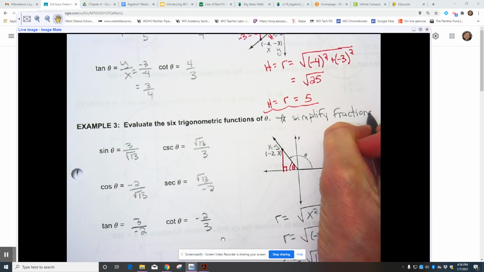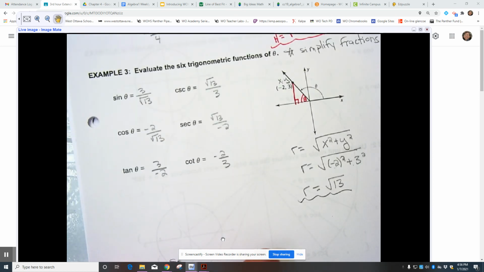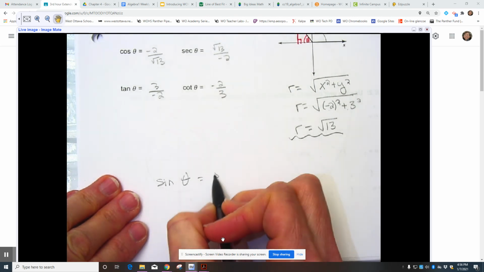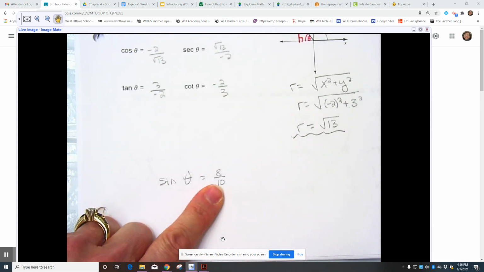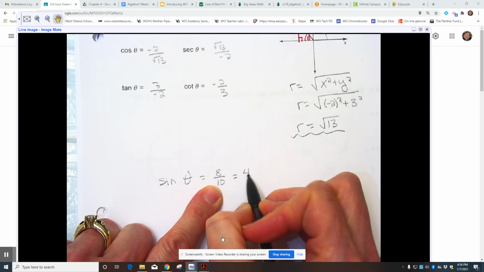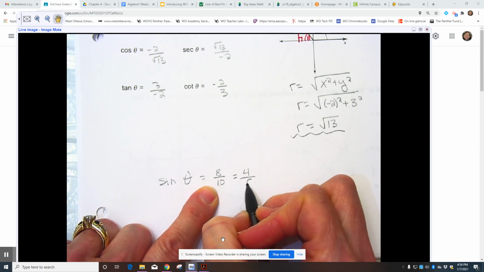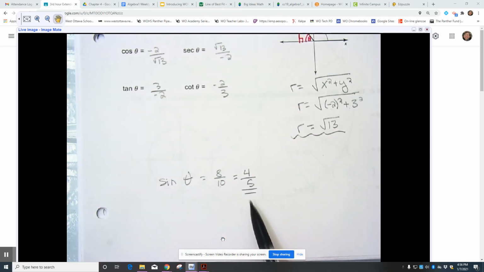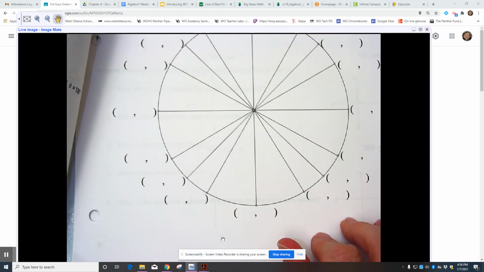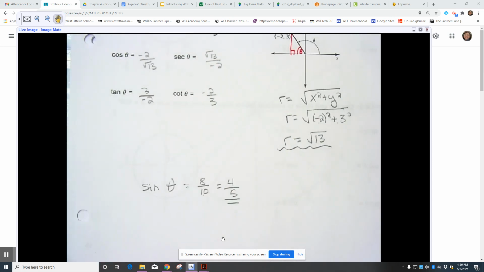So for instance, say you did sine of theta and you got 8/10. You want to reduce that or simplify that fraction. So 2 goes into 8 4 times, 2 goes into 10 5 times. So make sure your fractions are fully simplified when you're doing this or when you do your practice. That is it for 9-3 part 1.